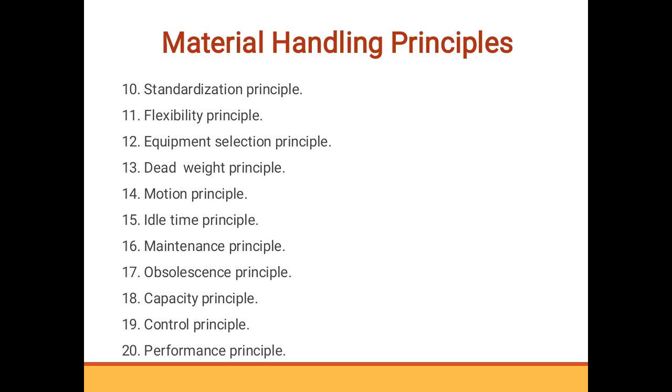There should be enough flexibility, and the equipment should have enough capacity for lifting weights. Dead weight principle, that is the weight of the equipment. Then motion principle, idle time principle, maintenance principle, obsolescence principle, capacity principle, control principle, and performance principle. All these principles are to be studied and implemented while selecting the material handling system.